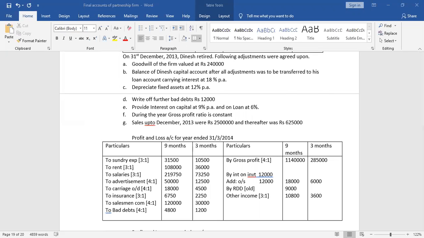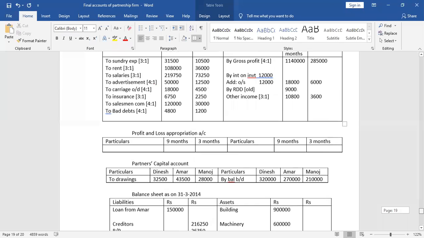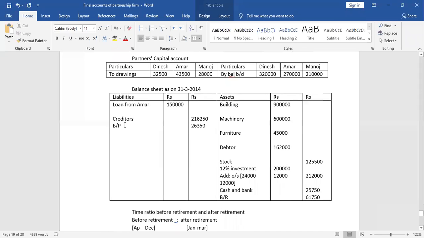Then we have bank loan. Bank loan 3 lakh, which is a liability. So bank loan is how much? 3 lakhs. This is also done.